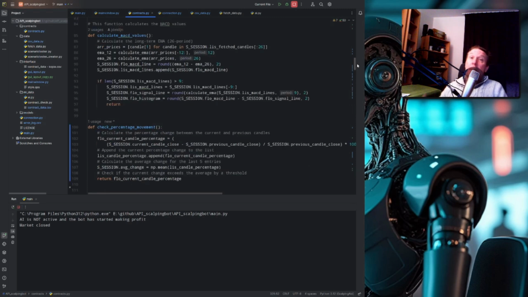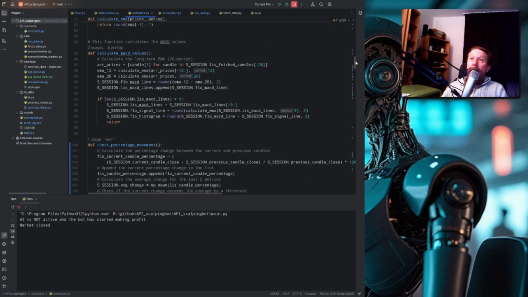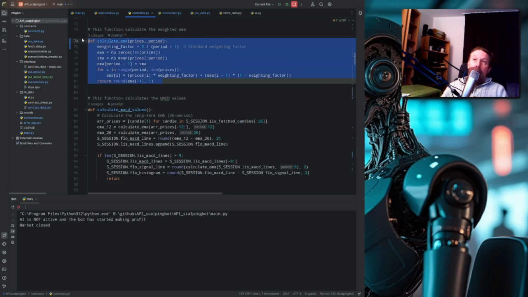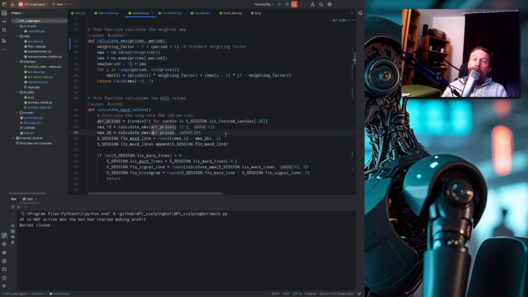It's not a secret, it's an indicator, made by calculating an EMA 12 and an EMA 26 with the EMA calculation. So those are all public. Everybody knows how you can calculate a MACD. But still, mine differ from the ones that the trader uses.